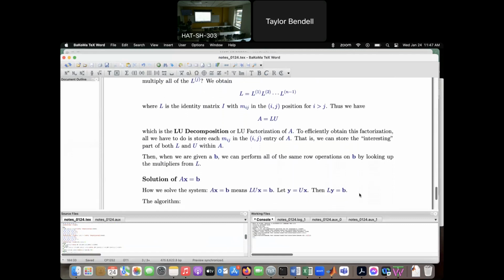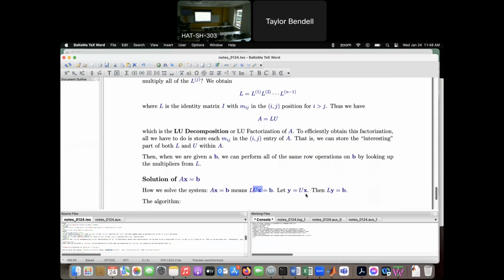So now, if we have the LU decomposition, how do we actually solve AX equals B? Starting with AX equals B, I know that A is equal to LU if I've just done Gauss elimination. So now I have LUX equals B. What I do is introduce a new variable Y. I define Y to be U times X. Now I don't know what X is.